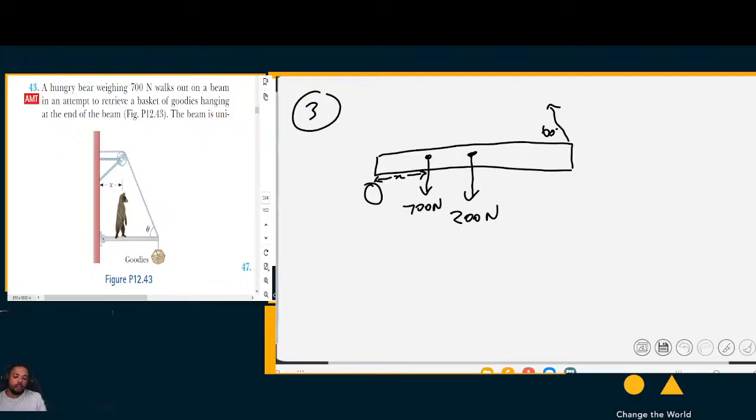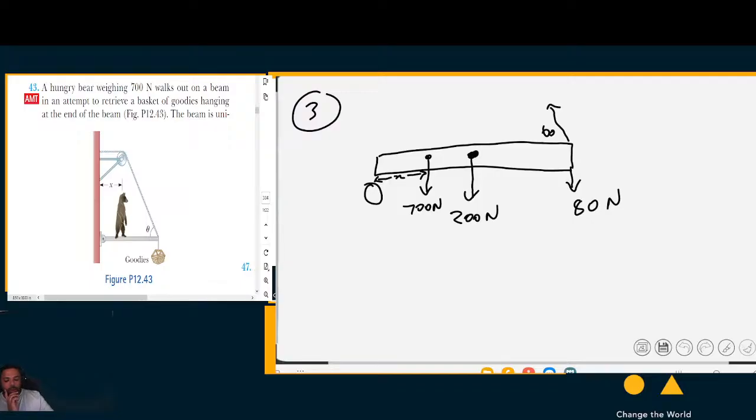Okay? That x will vary, which means that 700 newtons will move along the beam. This 200 newtons is exactly at the center of the beam. And then of course, the basket at the end weighs 80 newtons. And that is all. And that is the origin, of course. Let me rather erase that.